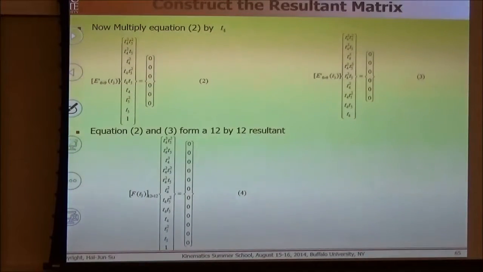And at this point, you can see here the coefficients of these entries are all just quadratic polynomials of T3. So you get a 12 by 12 matrix. Each element is a quadratic equation. Okay.